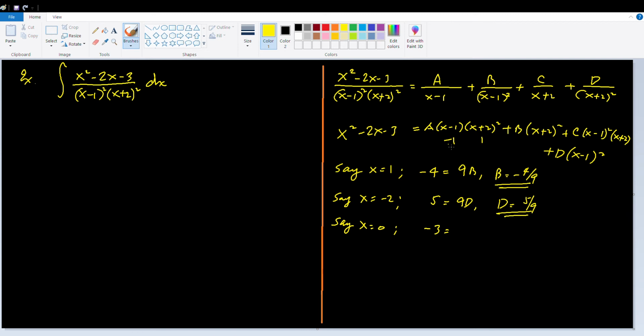So a times negative 1 times 1 is negative a. Now for b, 0 plus 2 is 2, squared is 4b.